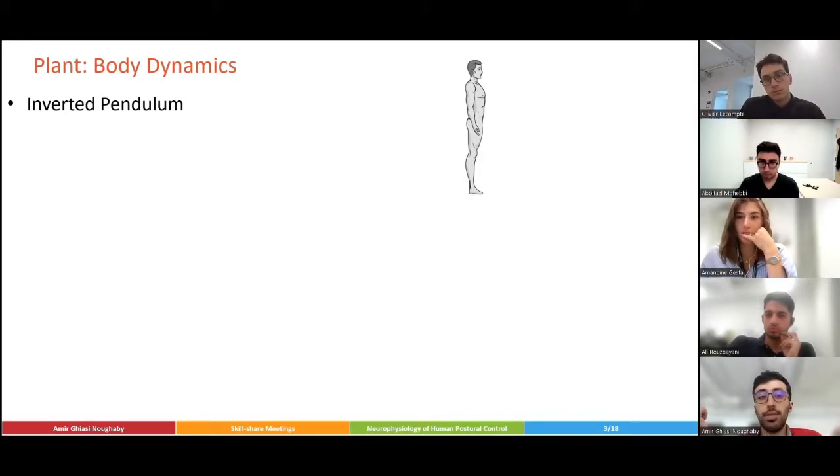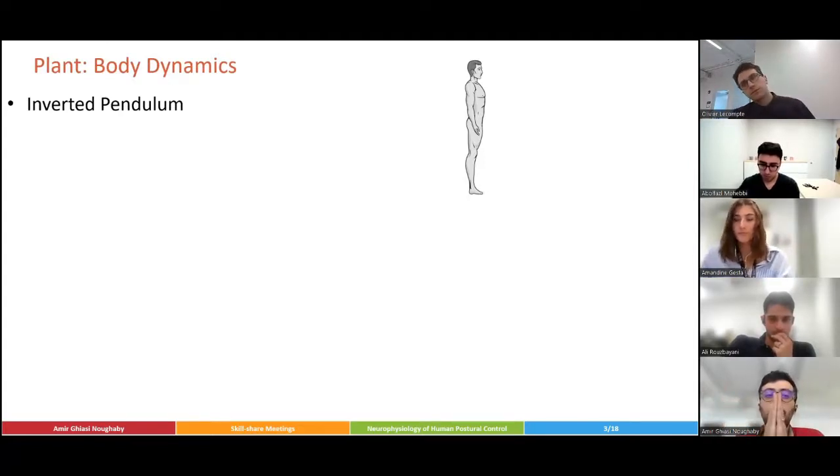and actually the stance phase is also a more complex model than what we have in balance control. Because when we consider the body dynamics in standing balance, the two legs are close to each other.